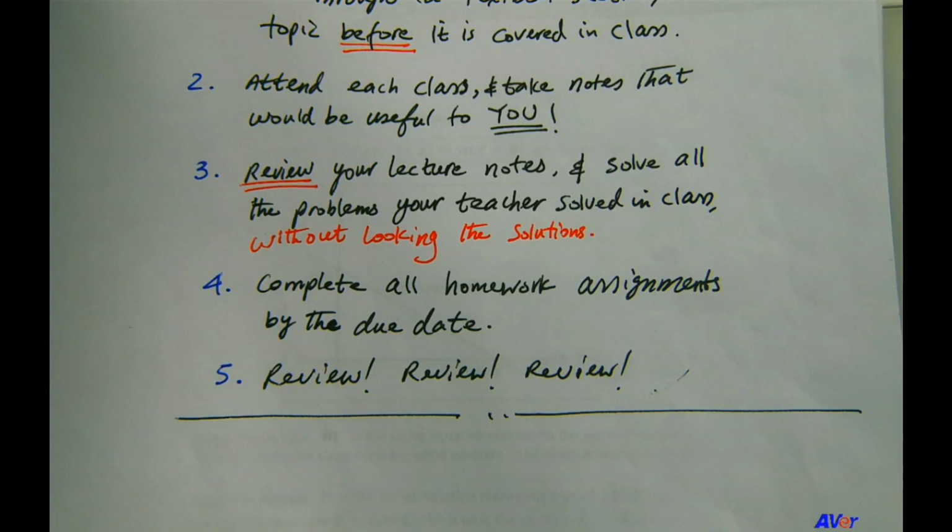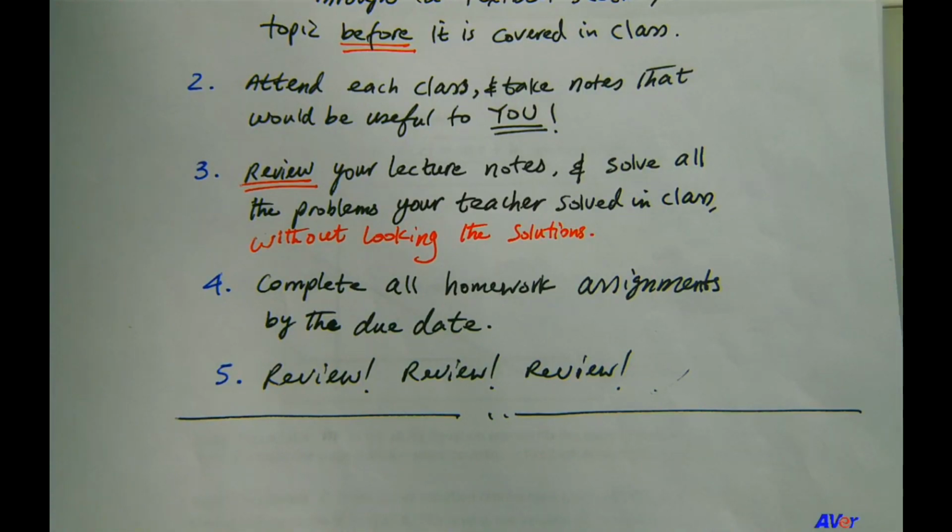And finally, please complete all the homework assignments by the due date. Don't put off doing the homework, and review these sections as we move further and further into the course. That helps keep things fresh in your mind, as well as the fact that this subject is cumulative, so it'll help you remember the skills we talked about in the earlier sections later, when you will again need those skills.